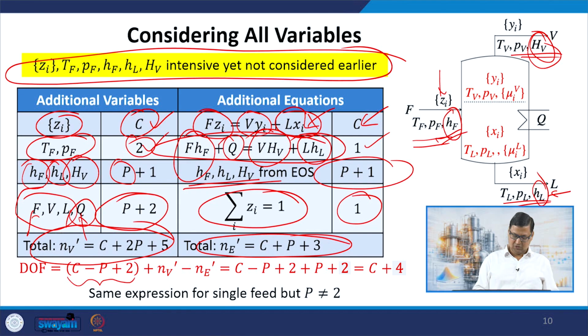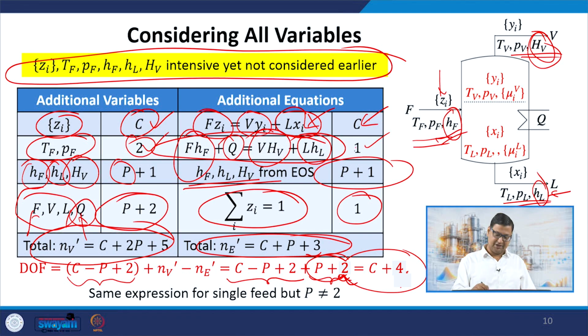So, the new variables minus new equations gives me here P plus 2, and if I add it, I get C minus P plus 2 plus P plus 2, so it will be C plus 4. If I count the number of variables, it is C plus 2P plus 5, and if I now subtract C plus P plus 3, that will give me P plus 2. So, the net degree of freedom is therefore C plus 4 in this particular case.